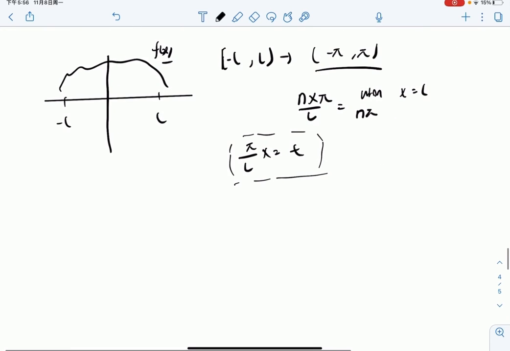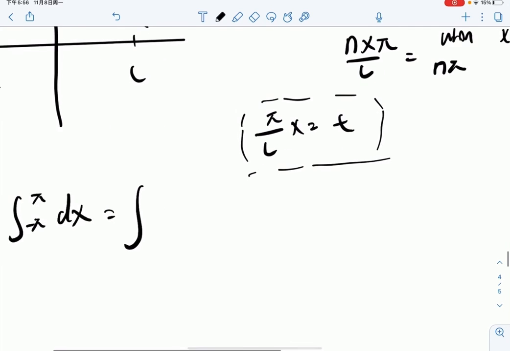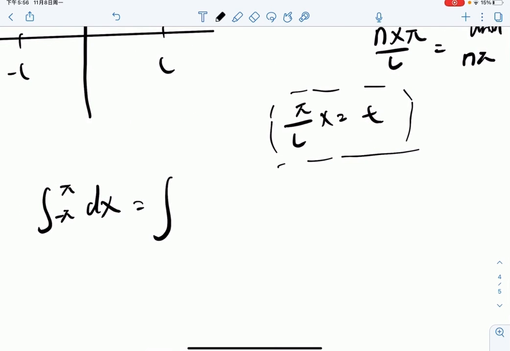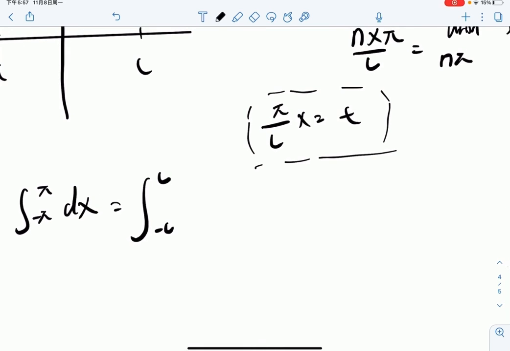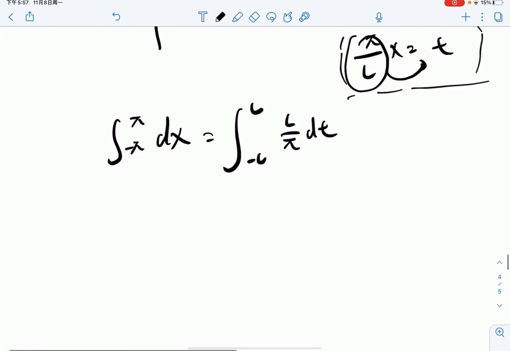Similarly, we substitute this into dx from negative L to L, and move that to that side, and we get L divided by pi dt.